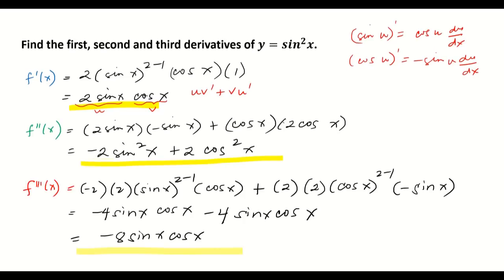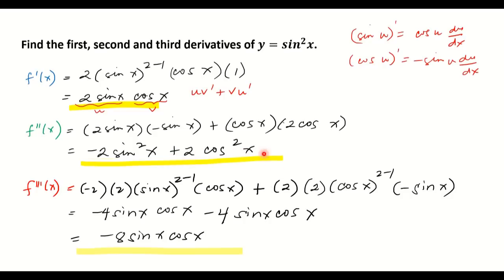For our third derivative, we're going to get the derivative of this term, negative 2 sine squared x plus, and the derivative of 2 cosine squared x using chain rule. So doing that, we have negative 2, and then for the derivative of sine squared x, we have 2, and then let's copy sine x, then this would be 2 minus 1, and then the derivative of sine x is cosine x plus, so getting the derivative of this term, we have 2.